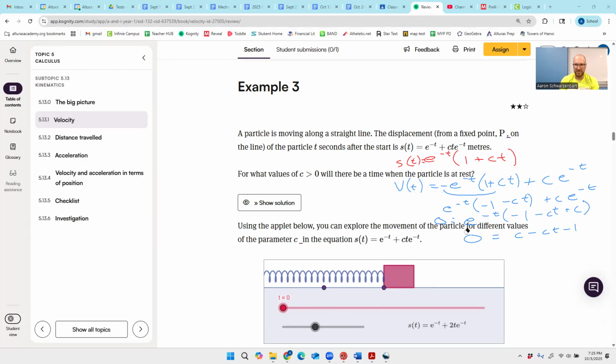So I'm going to solve for t. And I get 1 minus c equals negative ct. I divide by negative c. The negative on the bottom can turn it around on top. That's a little nicer.